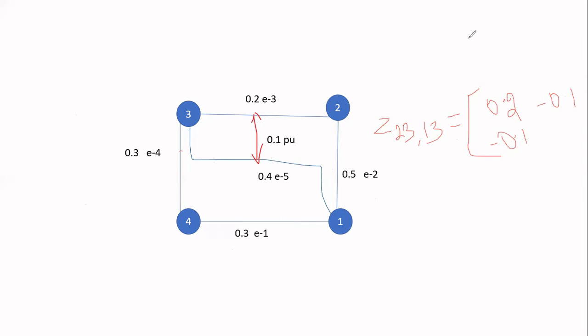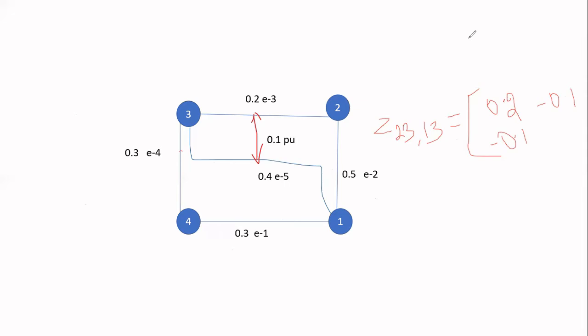Okay, this is the Z matrix. Z31, 0.3, minus Z21. Minus Z21 is also 0.3, minus 0.3.